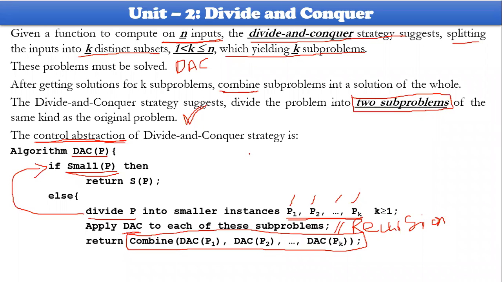Many problems are there, so finding the minimum and maximum of a particular problem, yes, you can do it. Based on that problem, you have to apply divide and conquer. In this way, divide and conquer is going to operate. For the small of p, let me give you some specifications here.